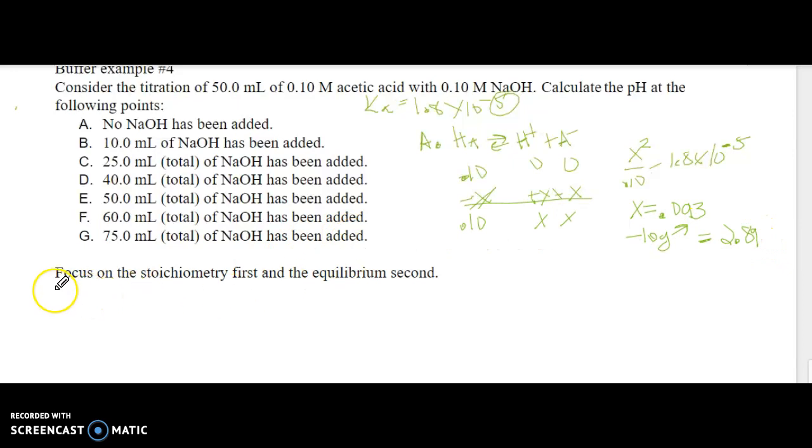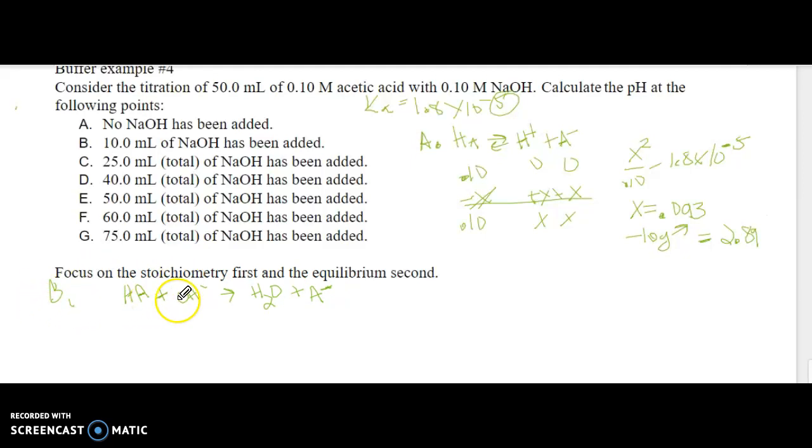So for part B, we're going to be looking at some stoichiometry. So the NaOH is going to react with the acetic acid. A minus will be your acetate ion.